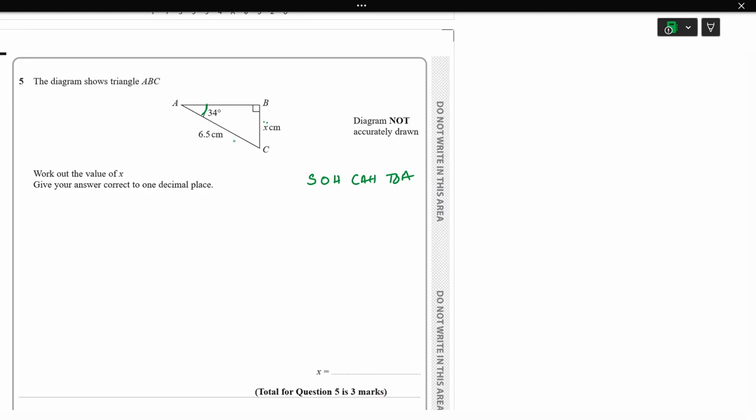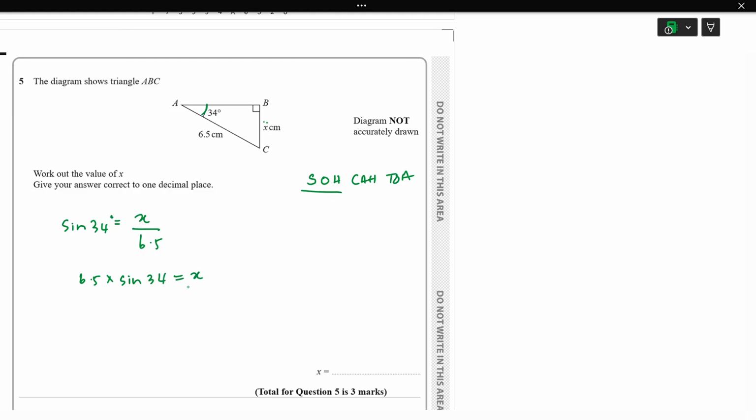Opposite and hypotenuse are involved in sine. So sine 34 degrees equals opposite, which is x, over hypotenuse, which is 6.5. So x equals 6.5 times sine 34.